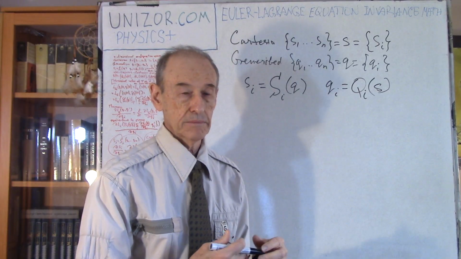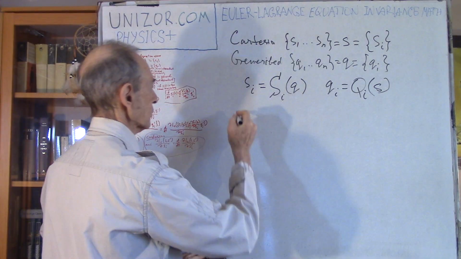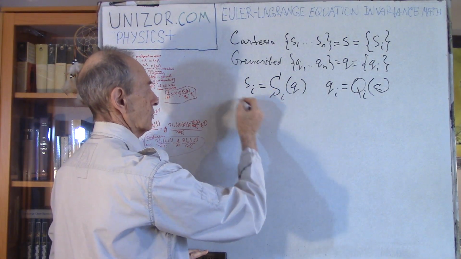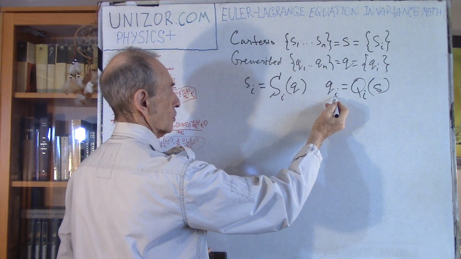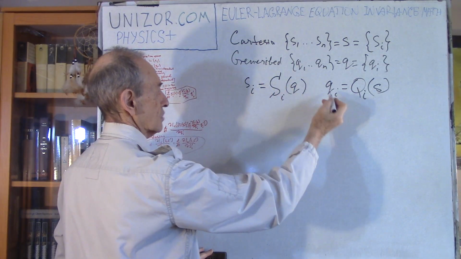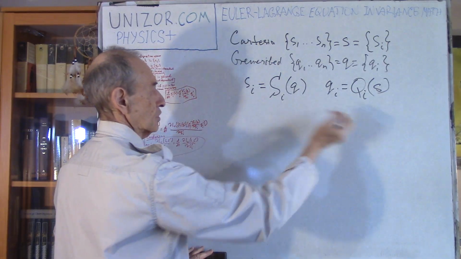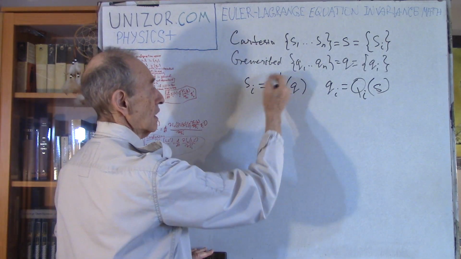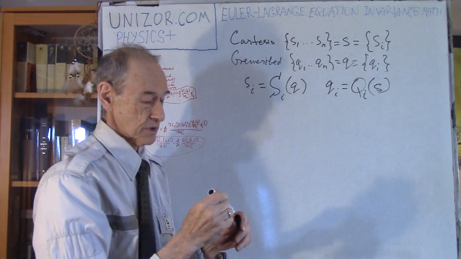What does it mean? Well, it means that if I take a set of coordinates S and a set of coordinates Q, Cartesian and generalized, they are related to each other through these functions. Functions are known. It's like conversion from polar coordinates to Cartesian.